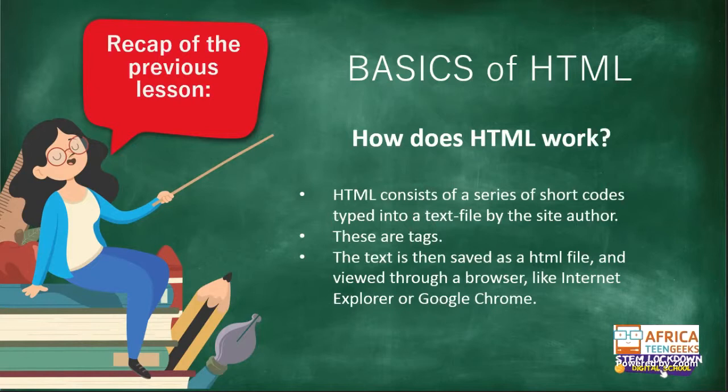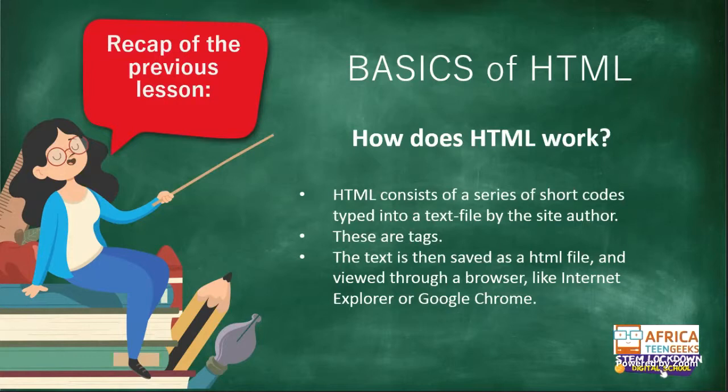So the HTML file that we will be working with is a text file, and we are the authors, we are the creators of the site, and we use tags in order to create various aspects on this file. Now, these tags are obviously very important, because if we use the wrong or incorrect tags, or if our tags are not typed in correctly, the web page is not going to function as we hoped.